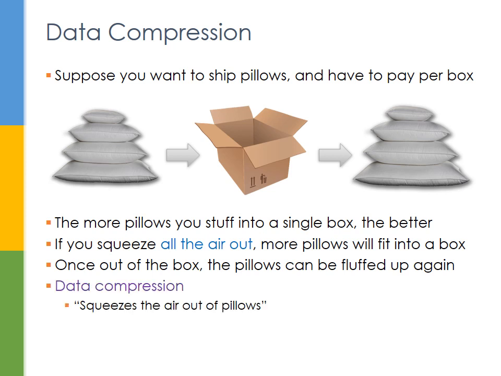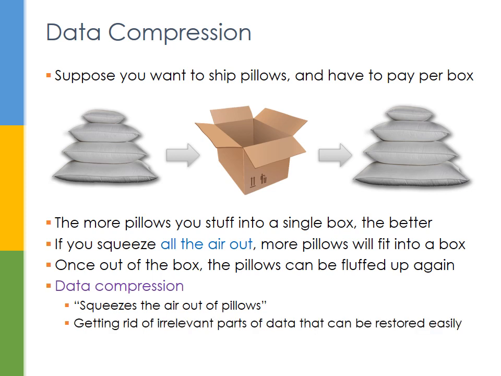So data compression essentially is the process by means of which we can squeeze air out of our pillows. More formally defined, it involves getting rid of the irrelevant parts of data which can be restored fairly easily after we've transmitted our data to a particular destination.